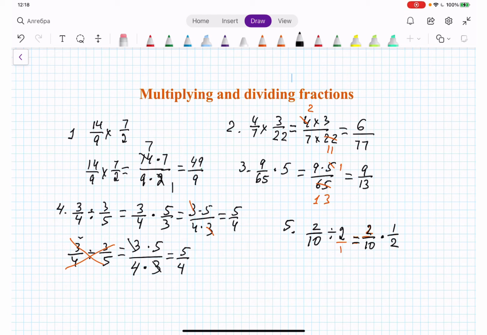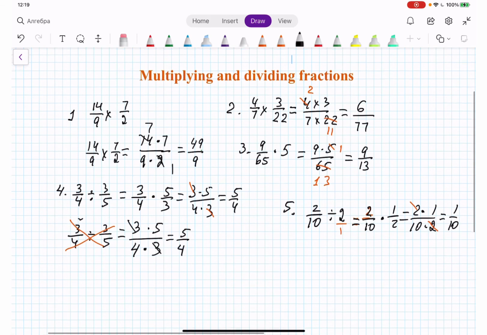Or 2 times 1 if I do cross multiplication, and 10 times 2. Yes? Okay, so 1 over 2, and we are getting 2 times 1, 10 times 2. 2 is gone, and we are getting 1 over 10.